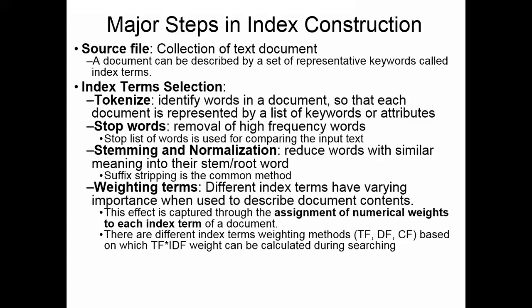So term frequency tells us the frequency of occurrence of the term in each document. Document frequency tells us how many documents contain that term. Collection frequency tells us the total frequency of occurrence of that term across the document collection.